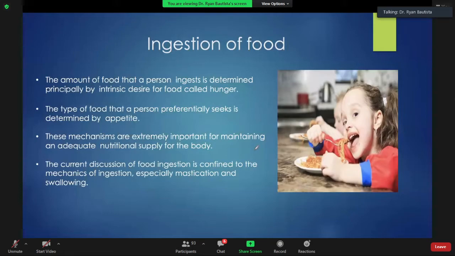Have you experienced now in the quarantine, my dear students, what we call cravings? Especially when you see your friends post delicious food on Facebook. I like to eat that also. But subconsciously, your hypothalamus and your brain are telling you that you are deficient in that nutrient. There's a study that was done before. A man was trapped in an accident in the ocean.